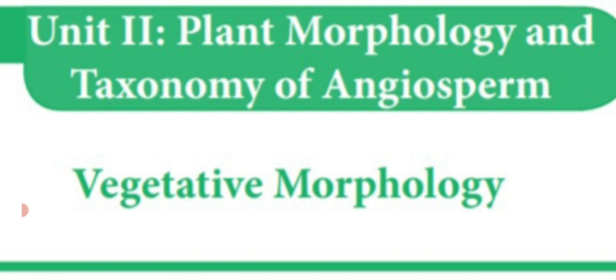Taproot system is the characteristic feature of dicot plants. Fibrous root system or adventitious root system is present in the monocot plant, particularly grasses. This example is grasses.